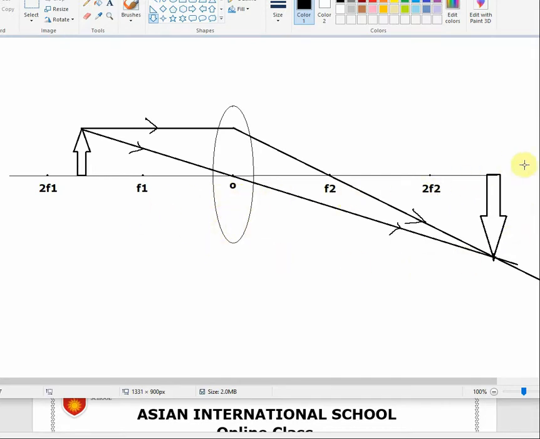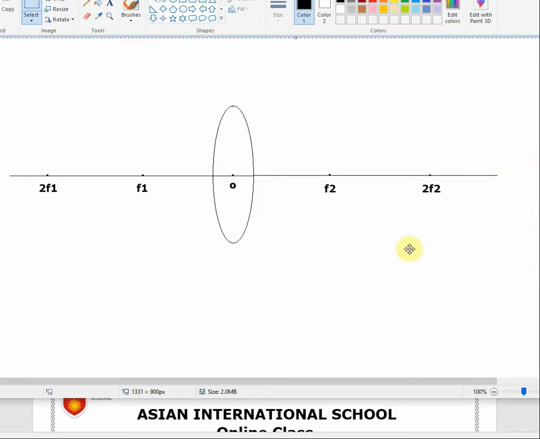Okay, let's go to the next drawing. In this next drawing, we have the object placed at focus. So let me place the object at focus.